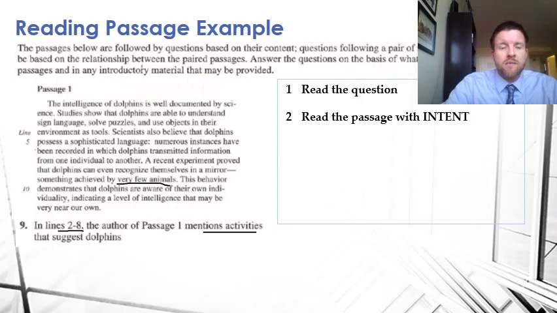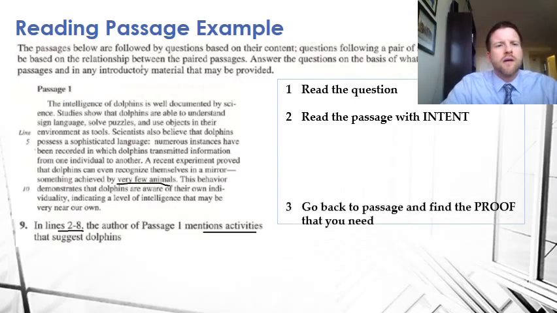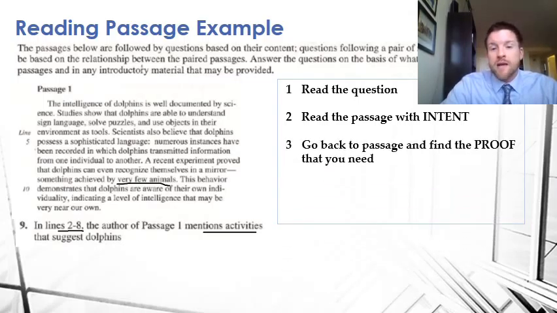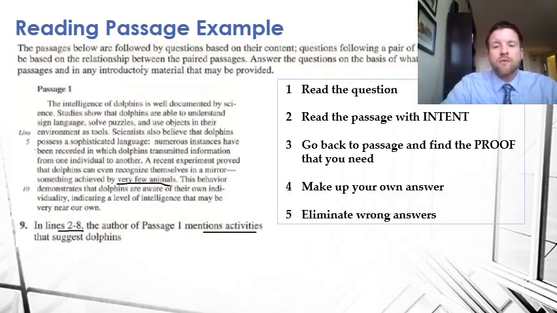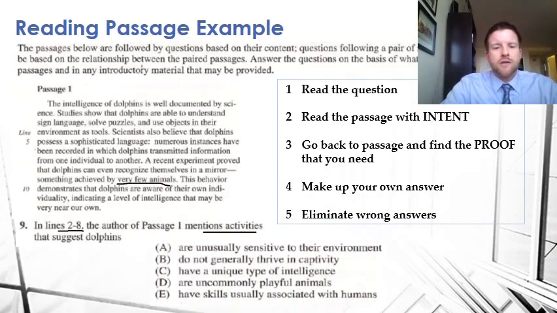These skills cannot be achieved by more than very few animals, including dolphins. So perhaps activities that suggest dolphins have skills that very few other animals have. How about that? That's our answer. So we've gone back and found the proof, and we've made up our answer. Let's look at the answers here and compare them to dolphins having skills that very few other animals have.